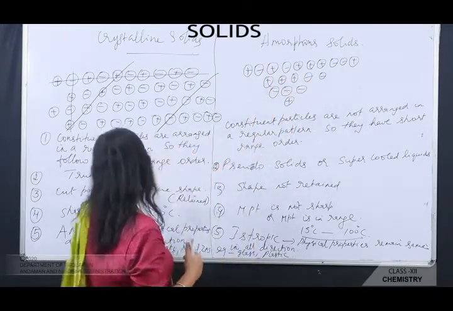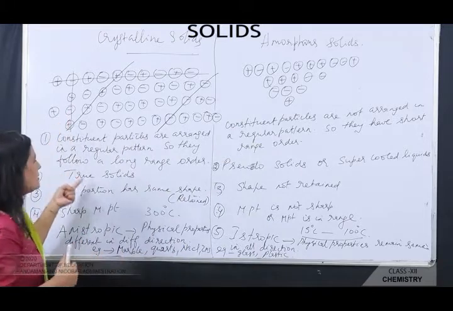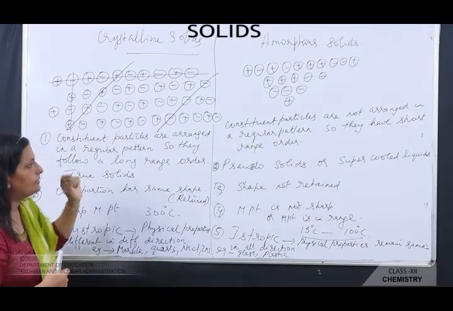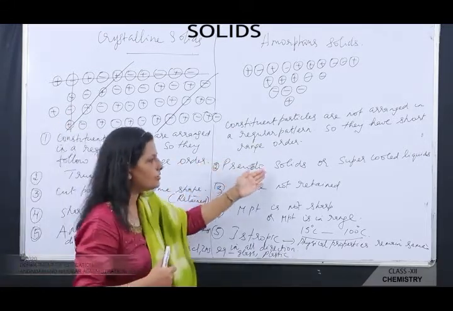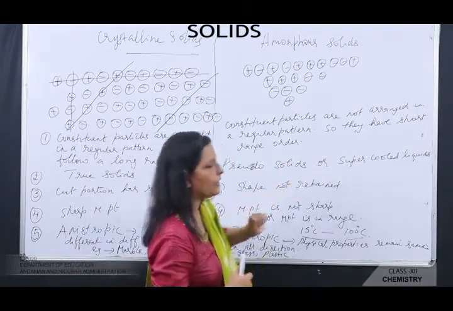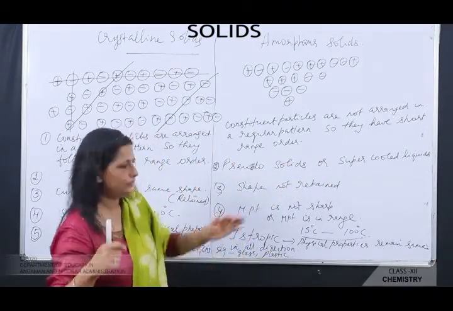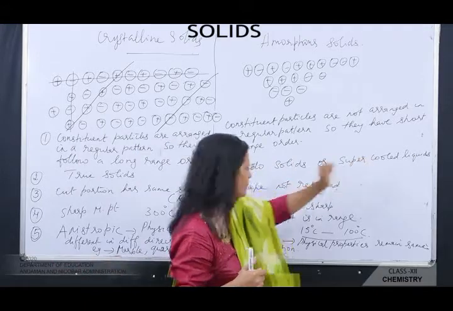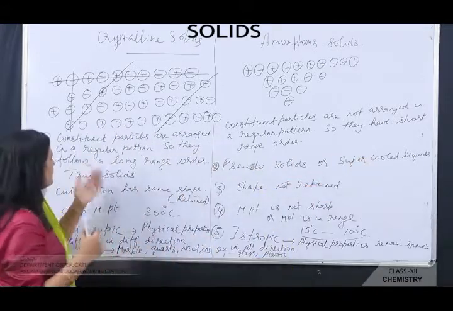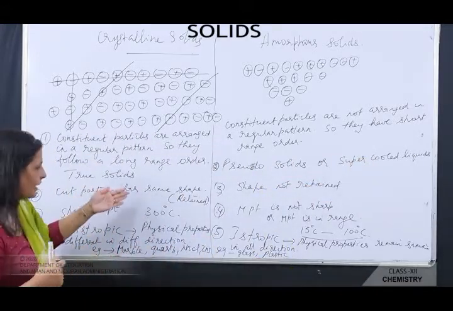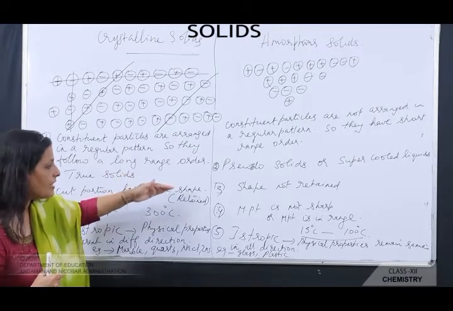Irregular. Then, crystalline solids are known as what? True solids. Amorphous solids are known as pseudo solids or supercooled liquids. They are actually not solids, they are really what? Liquids only.